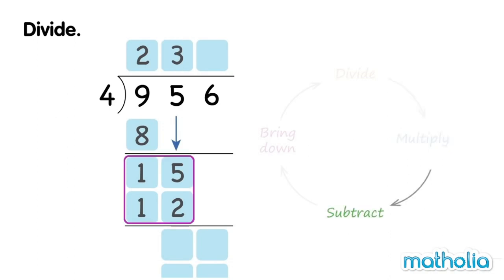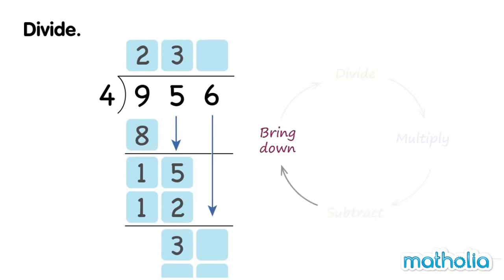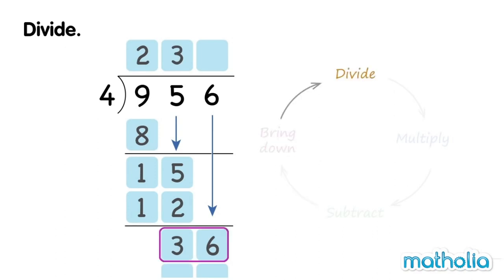Subtract. 15 tens minus 12 tens equals 3 tens. Bring down the ones. We now have 36 ones. Divide. 36 ones divide 4 equals 9 ones. Write the 9 in the ones column at the top.